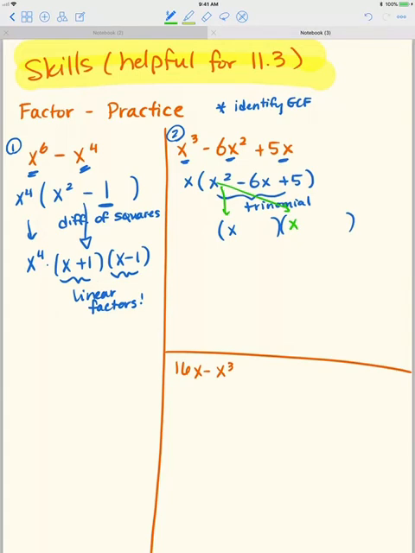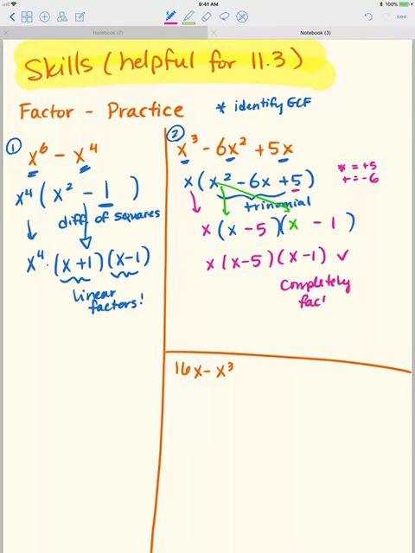And then the end 2 terms need to be something that multiplies to give you positive 5, but adds to give you negative 6 in the middle. So those two numbers will be negative 5 and negative 1. And then the x out front still carries. So what you have is an x times an x minus 5 times an x minus 1, and that is completely factored into linear pieces.